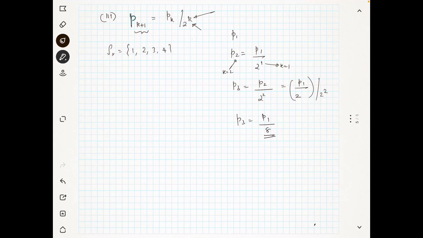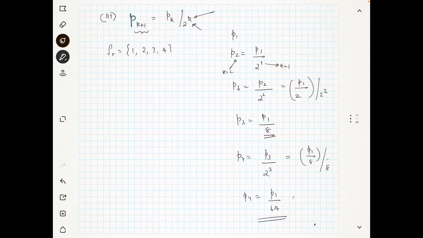Next is p4. P4 is equal to p3 divided by 2 power 3, and p3, you know, is p1 by 8. Now you have to divide it by 2 power 3. 2 power 3 is nothing but 8. So this p4 becomes p1 by 64.